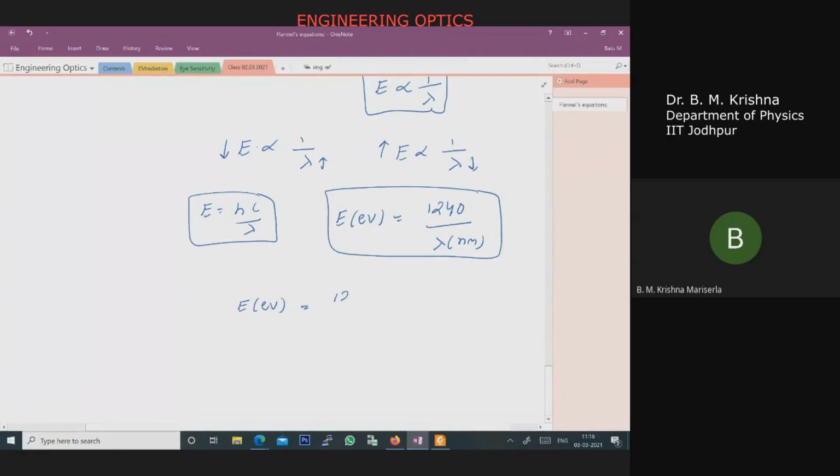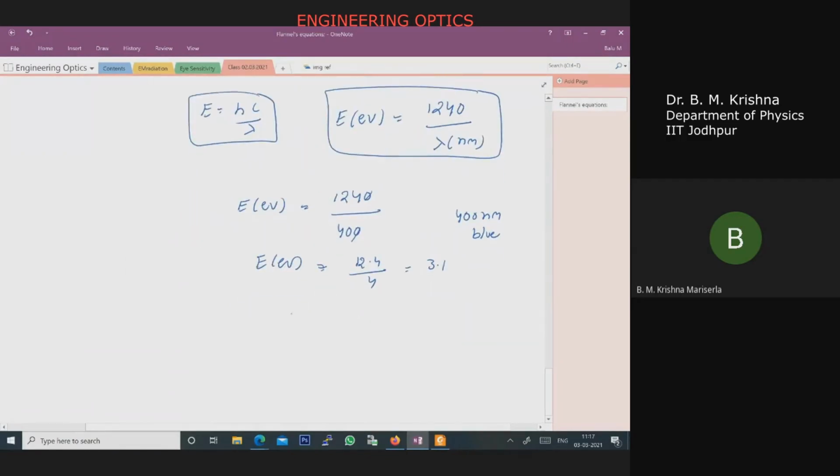For example, a few minutes back we talked about 400 nanometer. 400 nanometer is your blue light, meaning the wavelength of the light is blue. Now you get your energy in electron volts. 1240 by 400, that is nothing but 3.1.